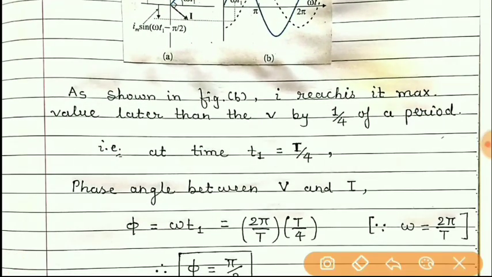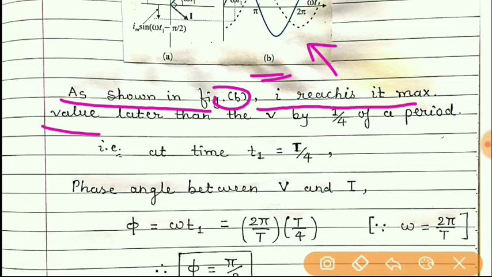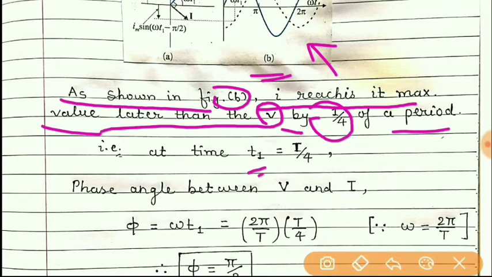So students, I have written here as shown in figure B, that is in this figure, I reaches its maximum value later than V by 1/4 of a period. And so if we take 1/4 of a period, that is time t1 is equal to T by 4.